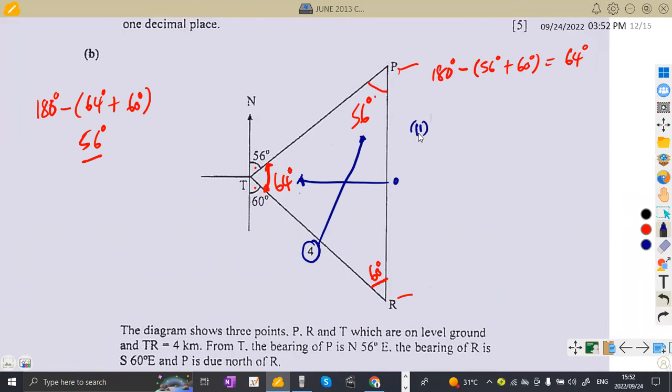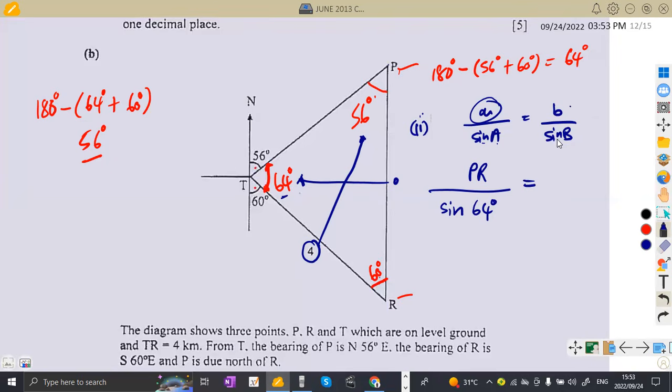We know that our sine rule to calculate a side is going to be a over sine A, which is equal to b over sine B. So the a is the side that you're calculating. So you're calculating PR here. So it's going to be PR over the corresponding angle sine A, which is sine 64 degrees, is equal to b over sine B.